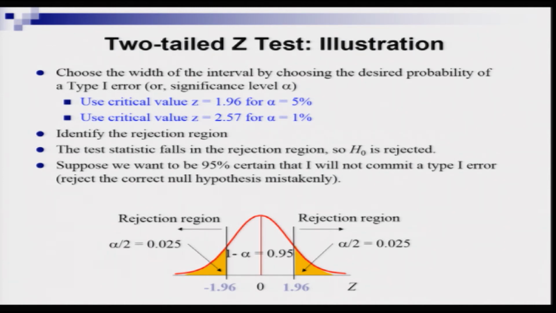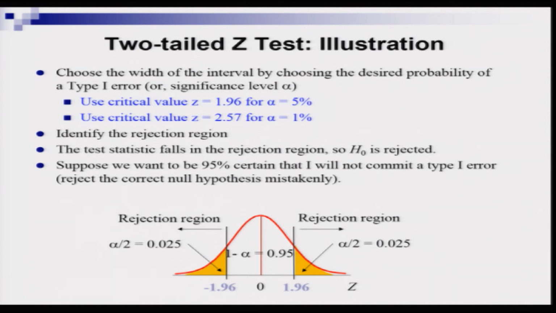So, if you now find a test statistic value of, say, 1.25, then what do you decide? That value 1.25 is not falling in either of the rejection regions. It is in the acceptance region in this diagram, and you can say that I failed to reject my null hypothesis.